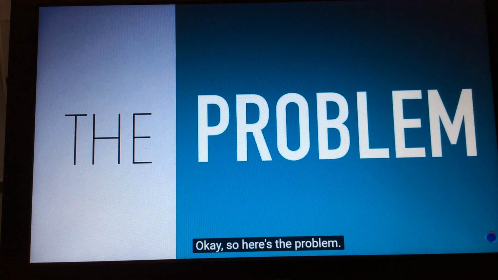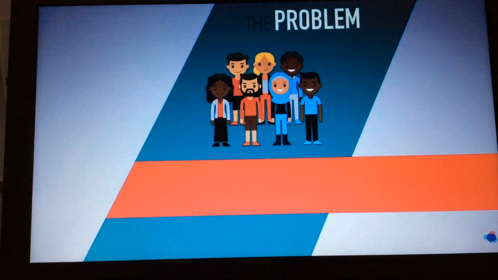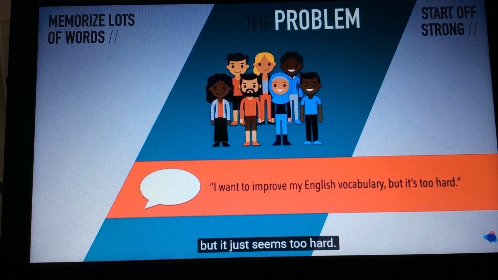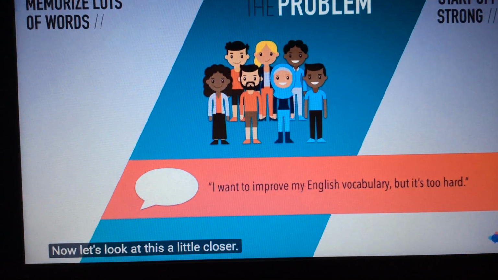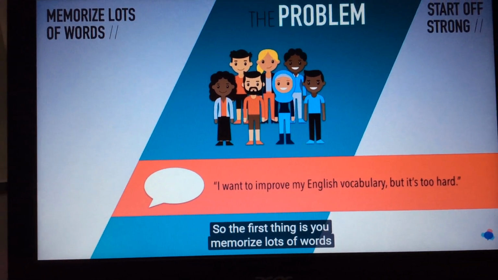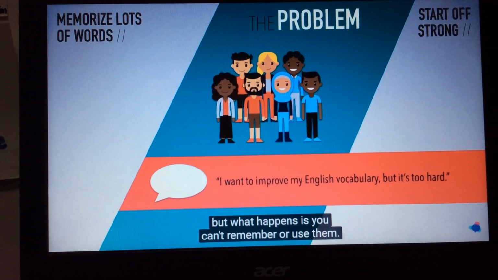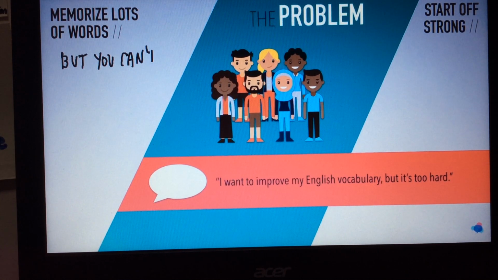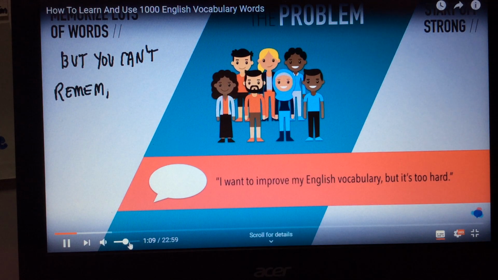Okay, so here's the problem. The problem is you want to improve your English vocabulary, but it just seems too hard. Now, let's look at this a little closer. So, the first thing is you memorize lots of words, but what happens is you can't remember or use them.